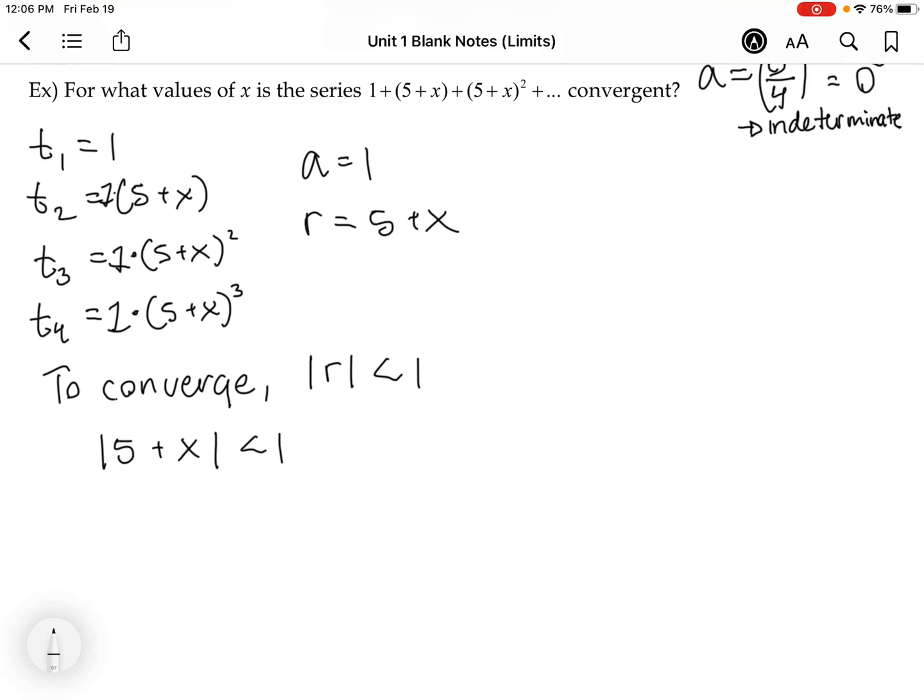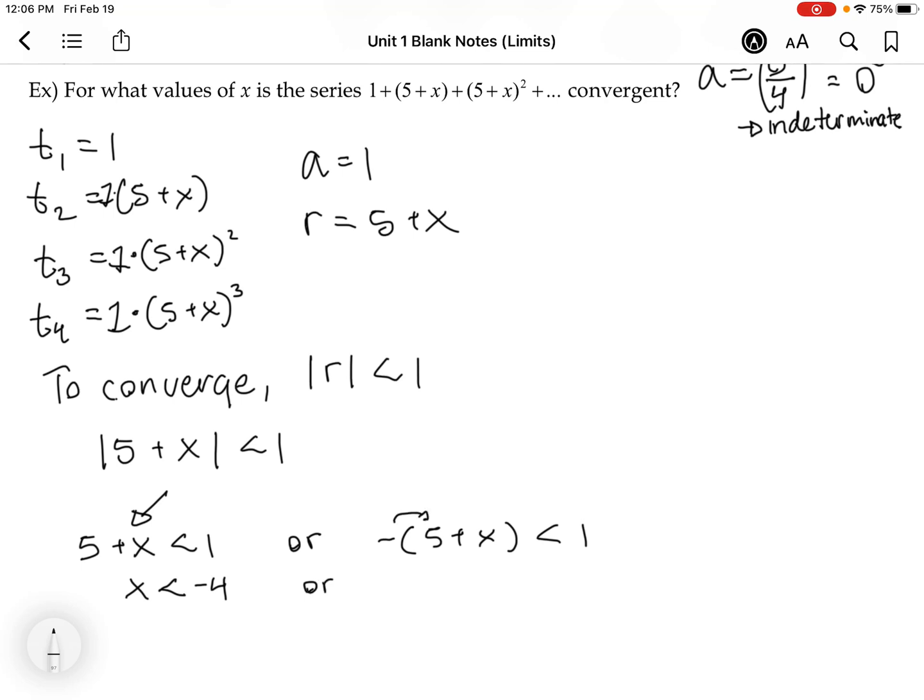Now again, two scenarios. Positive 5 plus x is less than 1, or negative 5 plus x is less than 1. Now if I solve this one, subtract 5 from both sides, I'm going to have x is less than negative 4.